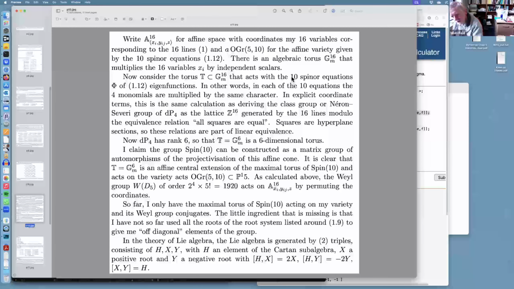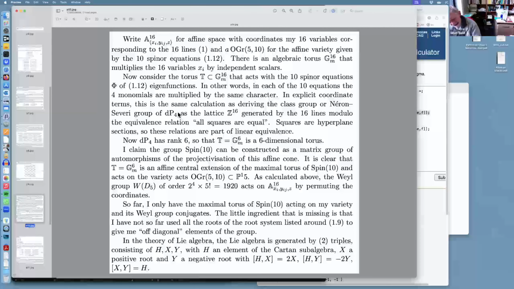So I want the equations to define an invariant subvariety, and in order for that to happen, I don't need the equations to be invariant. It's enough to know that they are character functions or eigenfunctions of a torus.